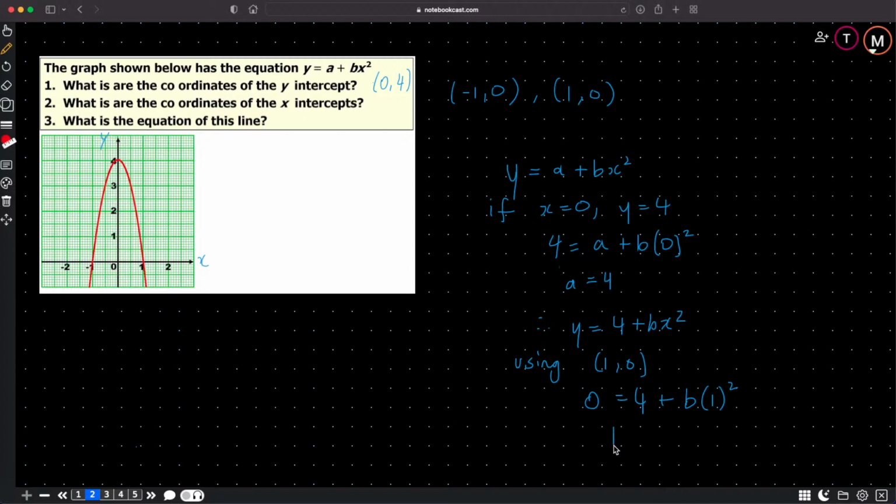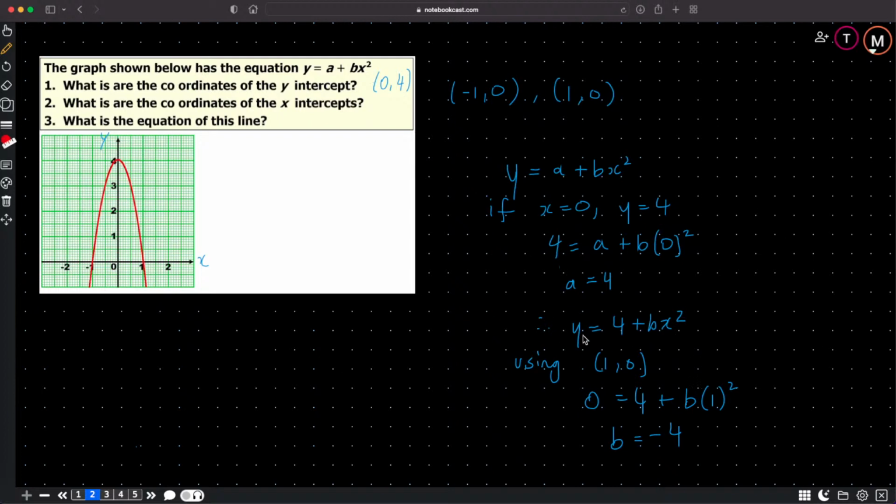I feel like I made a mistake, but we've plugged in 1, 0, y is 0, x is 1. Well, it shouldn't be a mistake. That means b must be negative 4, right? 4 take 4 is 0, so b is negative 4.